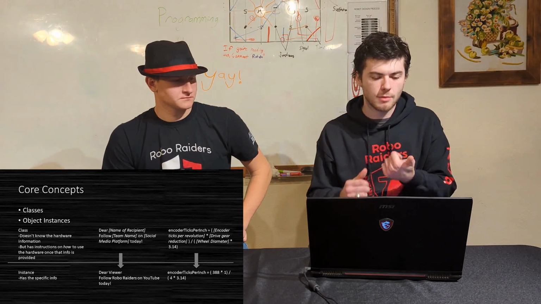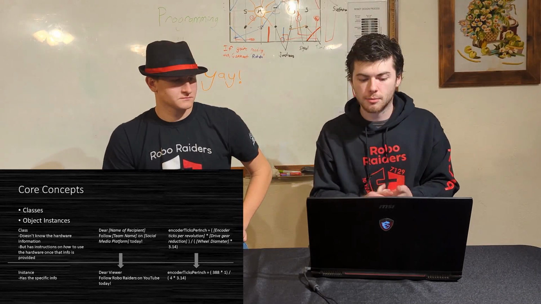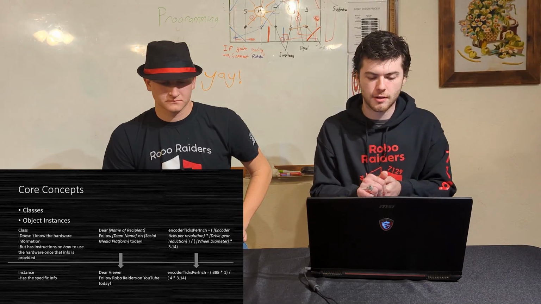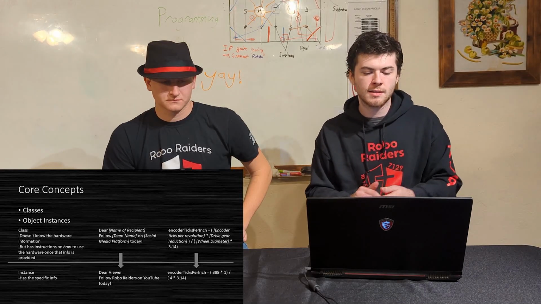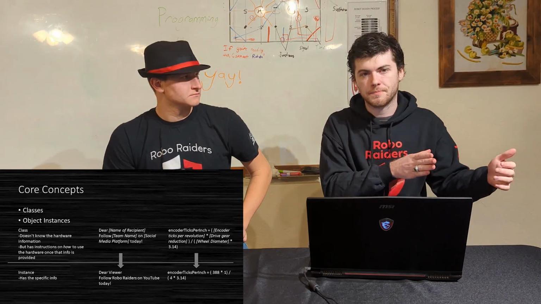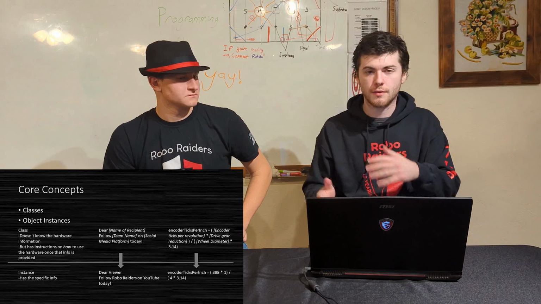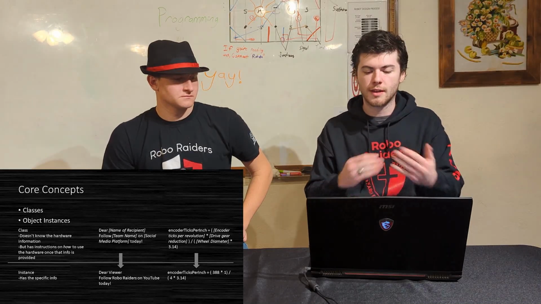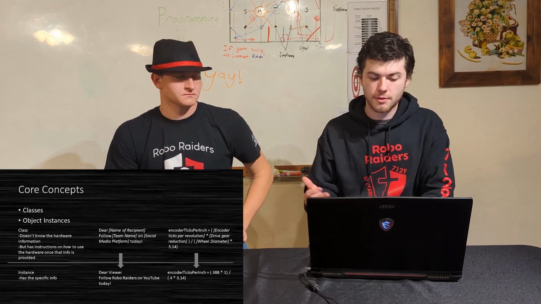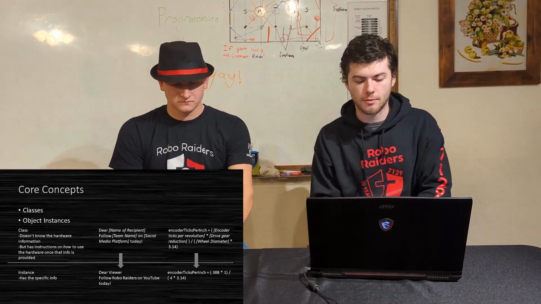They shouldn't have information like the wheel diameter, the wheelbase, maybe not even how many motors are on that particular subsystem. Similar to how we might have a template for a marketing email, we have one template, and depending on the situation, we can fill out a bunch of fields to create the actual email that's going to be sent out. The instance represents the actual implementation of the object in hardware.